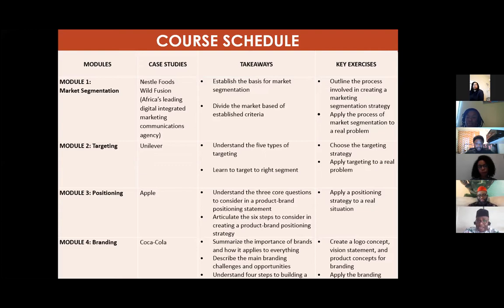So what is their strategy? What strategy have they used? Like in takeaway, summarizing the importance of brands and how it applies to everything, describing the main branding challenges and opportunities, understanding 4 steps to building a brand. Then the key exercising, logo comes in because your logo is your identity.